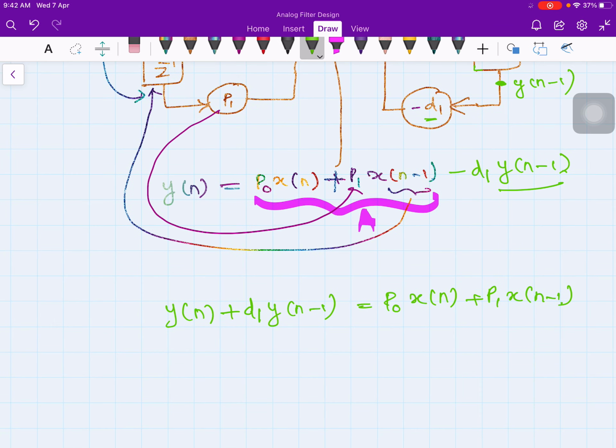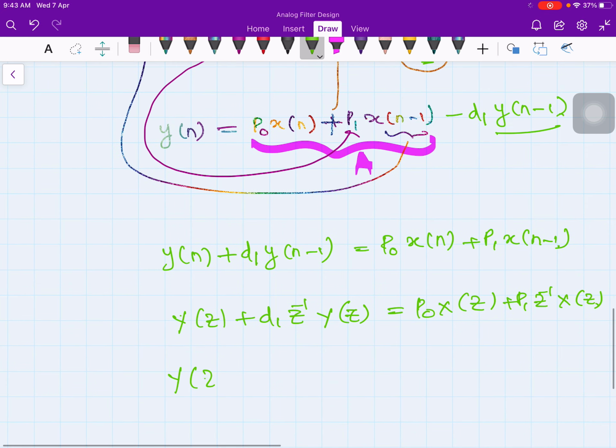And all that I have to do is now take the z transform of both sides, and the result is y of z plus d1 z inverse y of z is equal to P0 x of z plus P1 z inverse x of z.